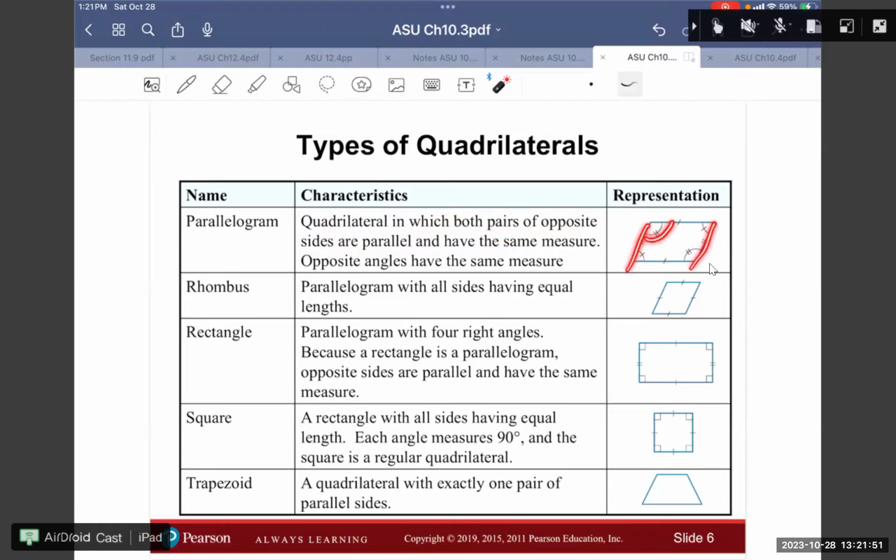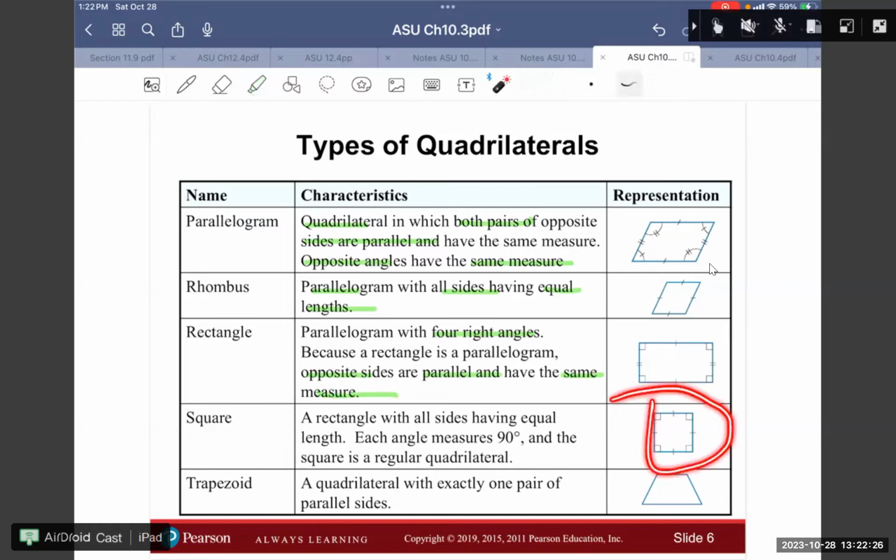A rhombus is a parallelogram with all sides equal in length. And a rectangle has four right angles, and opposite sides are parallel and have the same measure.